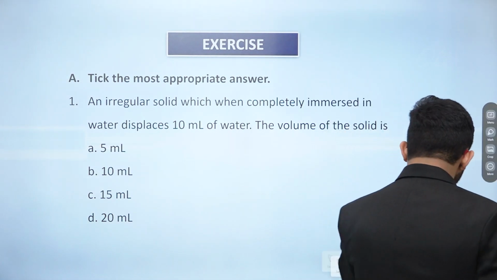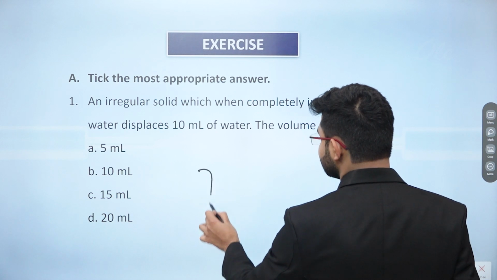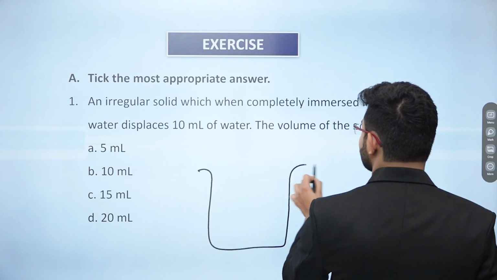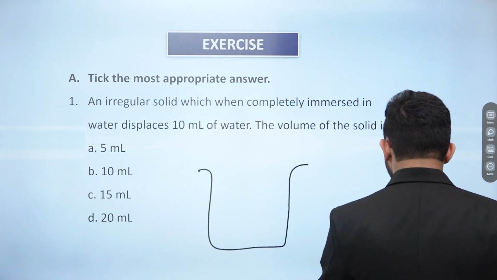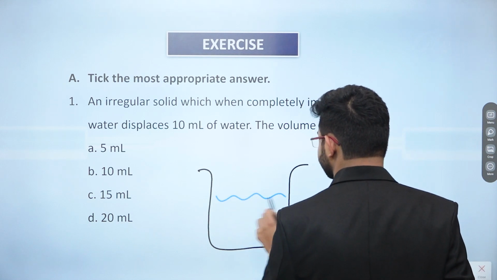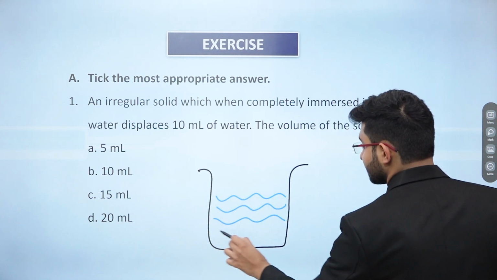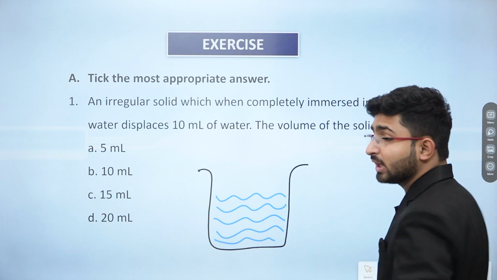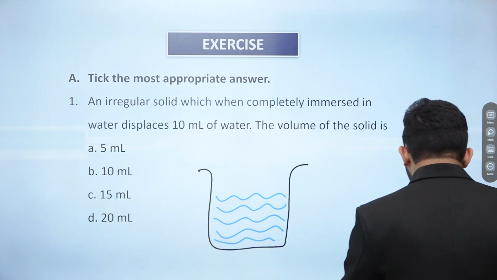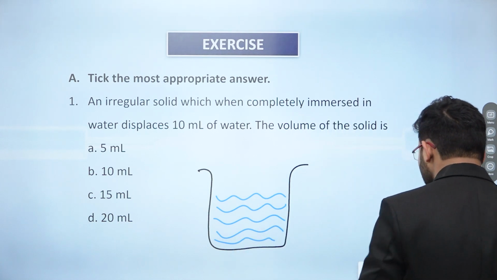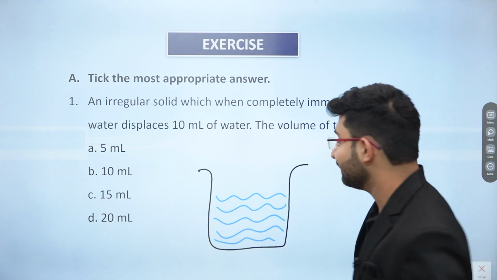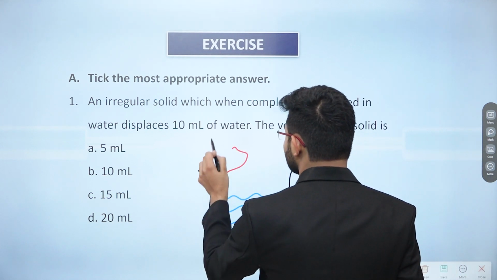Let me just tell you that I am taking a beaker and in this beaker I have filled it with water. Okay, and I am taking an irregular solid, which means that it doesn't have a shape, right? Let's just say something like this.